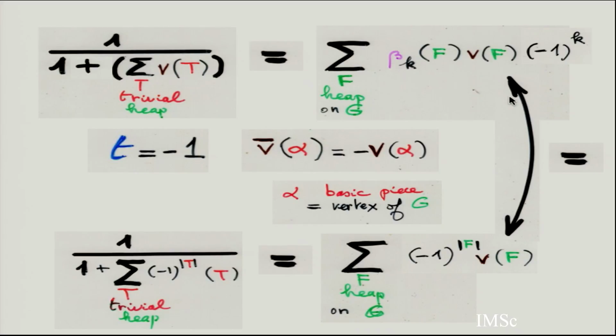And so this is equal to this. By applying these two elementary lemmas, sequence of things and inversion lemma of the monoid, and just putting t equal minus 1 or changing the sign of the valuation, this right-hand side equals this.